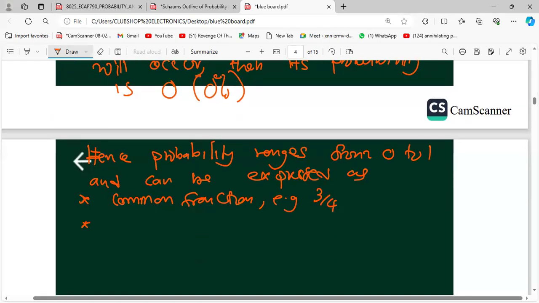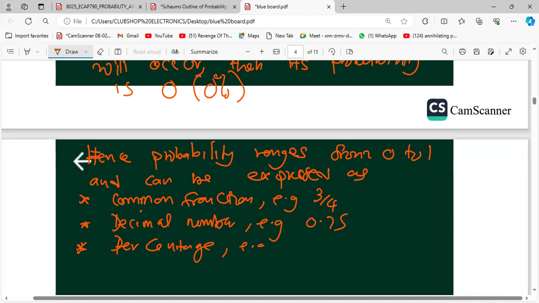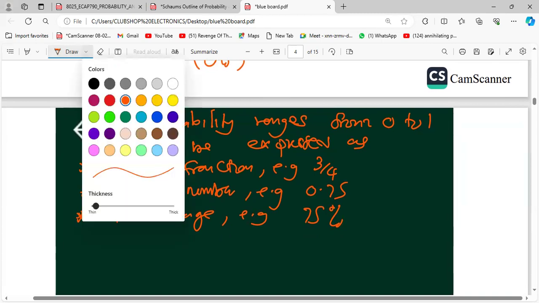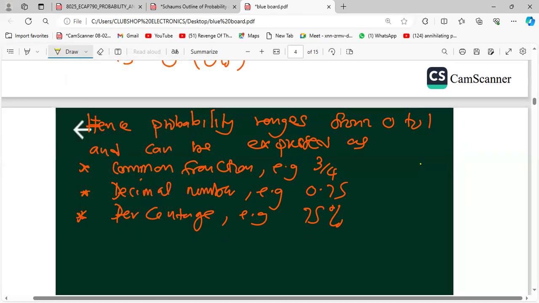Number 2, as a decimal number, e.g., 0.75. Third one is as a percentage, e.g., 75%. So these are the ways of expressing probability.